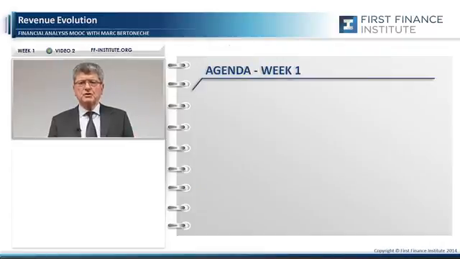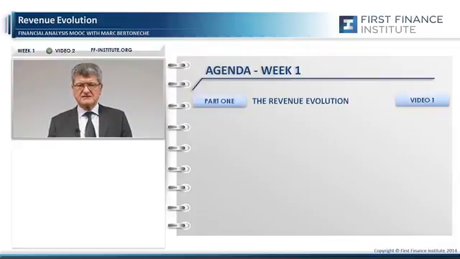In order to assess the margin analysis, we will work on 4 videos. The first video will look at the general landscape by focusing on the evolutions of revenues or sales.